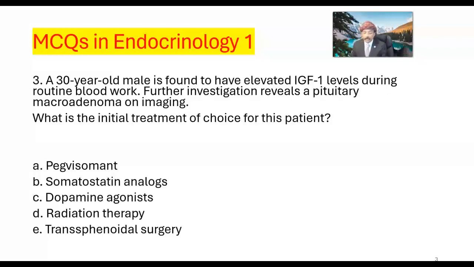Okay, answer should be what? This is a case of macroadenoma of which gland? Pituitary gland, which part? Anterior part. And it is the reason for acromegaly, so we must remove the pituitary tumor by the transsphenoidal approach. Intranasal transsphenoidal surgery, and we must take out this macroadenoma as much as we can.